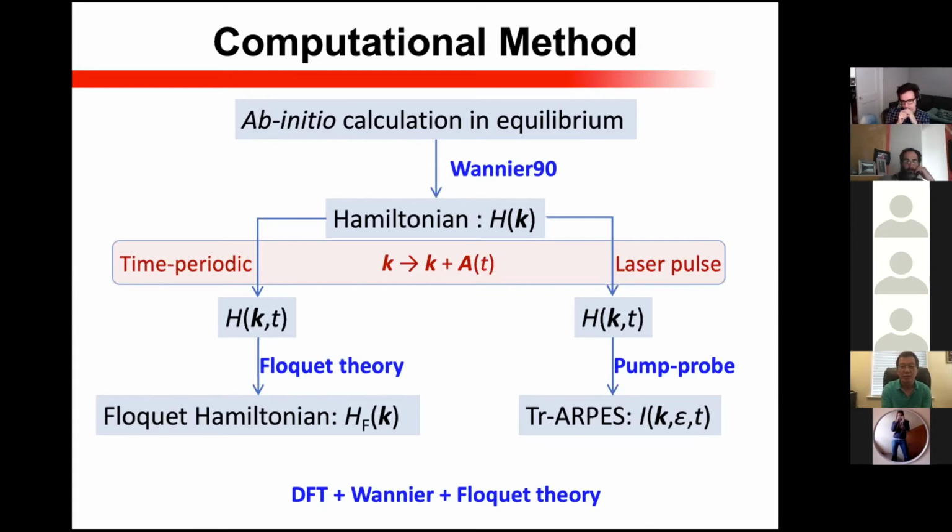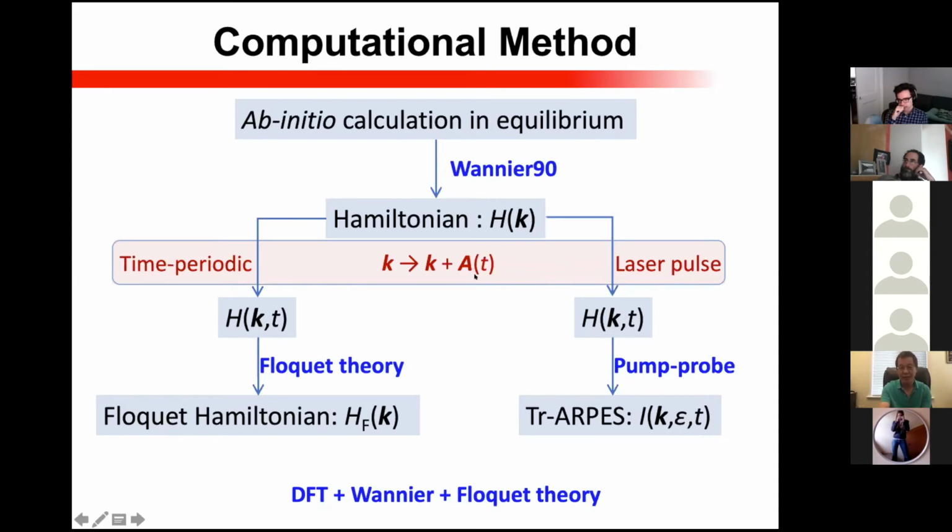So what we do is use a linear basis function to fit the first principles band structure. Then, using this basis, we can add a vector potential to the Hamiltonian, and if this potential is time periodic, you get the Floquet Hamiltonian, which you solve for what we talk about today.